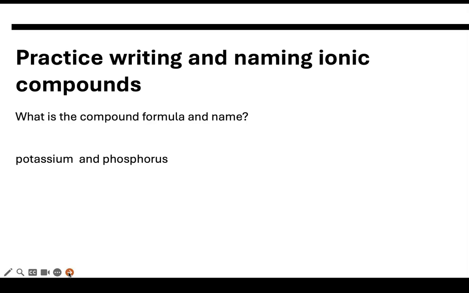Great time to pause the video while you're looking for potassium and phosphorus and figuring out the ions, then writing that formula. So hopefully you came up with K3P, potassium phosphide. Here's another one.